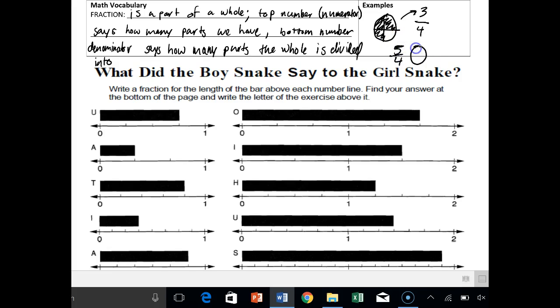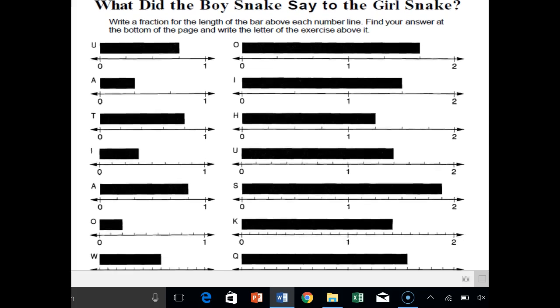That would be one circle totally filled in, and then another circle with only one filled in, something like that. And then you can also have mixed numbers. This same picture that I just gave to you as a mixed number is 1 and 1/4.